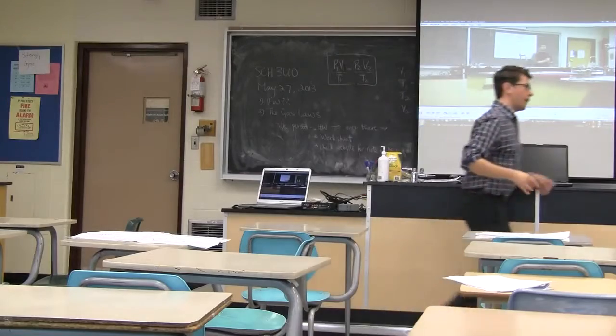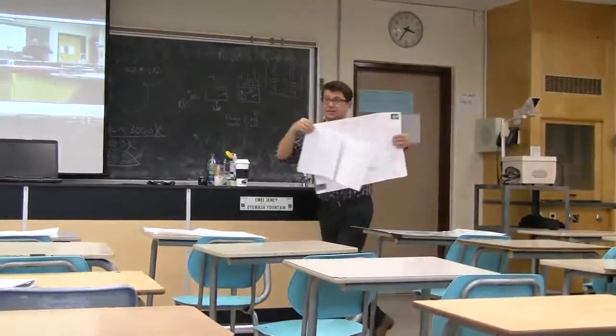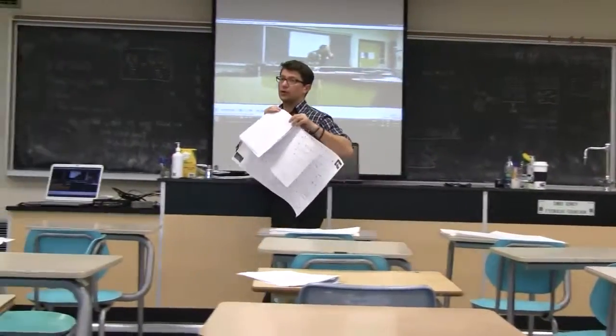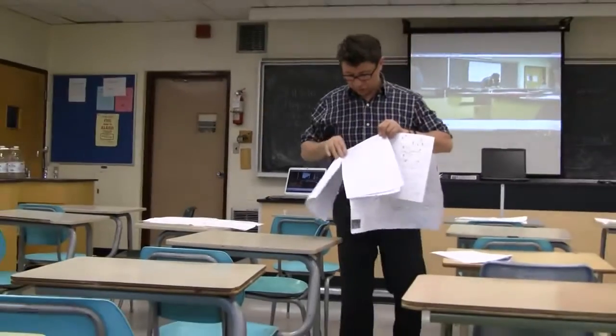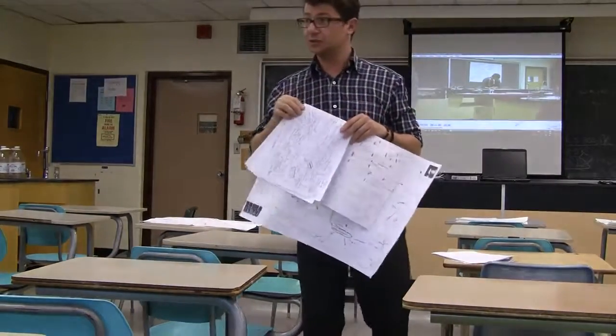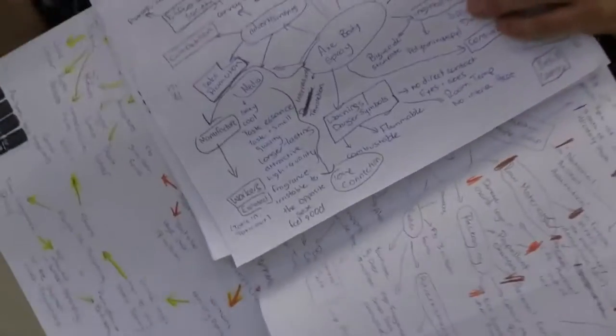Like the evolution of these things, this is one good example of a kid who first started off with something really incomplete, lacking in the details of the networks. And then he kept adding more to it.